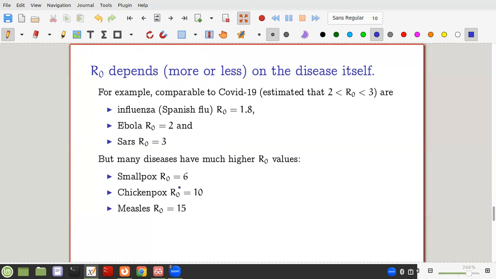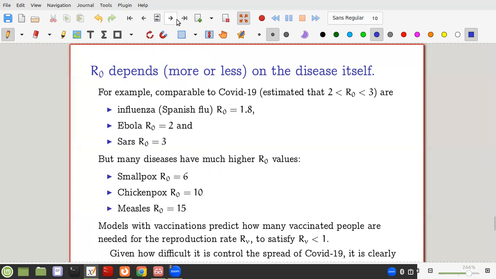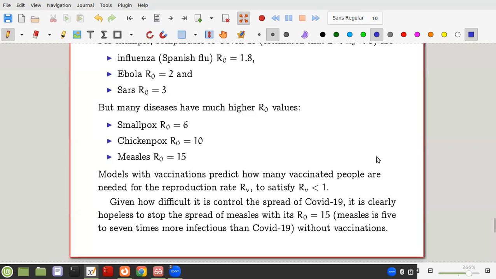This model doesn't take into account vaccines, but you can make other models that do, and then you have other reproduction rates with vaccines. So you have some hope as long as the quarantine methods work down in here, but they're hopeless up here. So there's a big changeover in these R values.